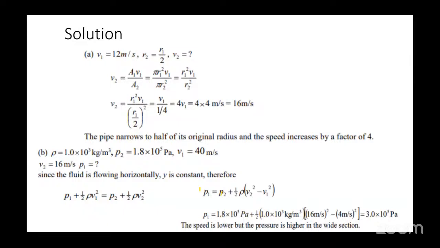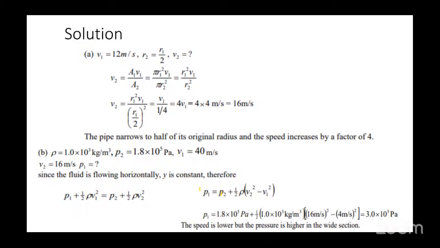Now, going to the second question, where we are asked to find the pressure. The pipe is laid horizontally, so the height factor will be the same, and that part becomes eliminated. So we have P1 plus half rho V1 squared is equal to P2 plus half rho V2 squared.